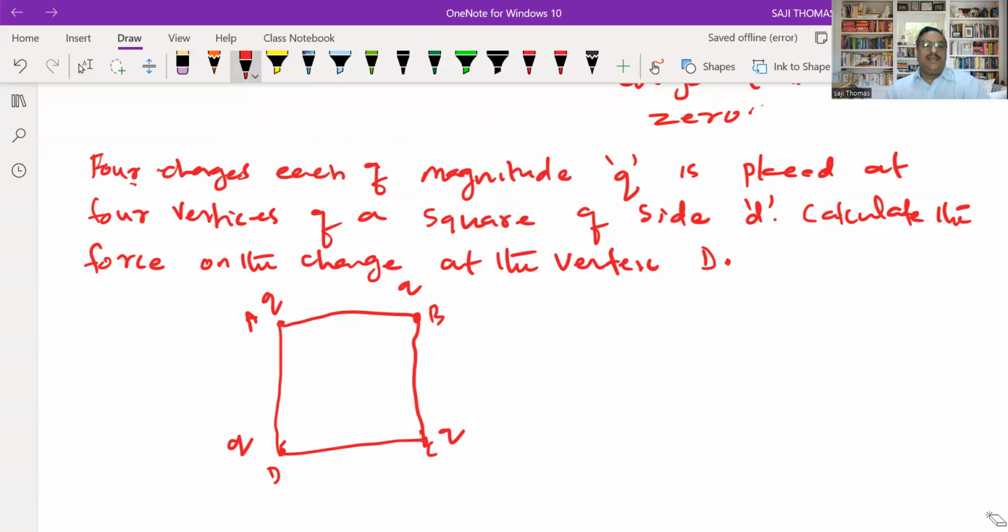So I'm joining the diagonal BD like this. You are asked to find out the force on the charge D.